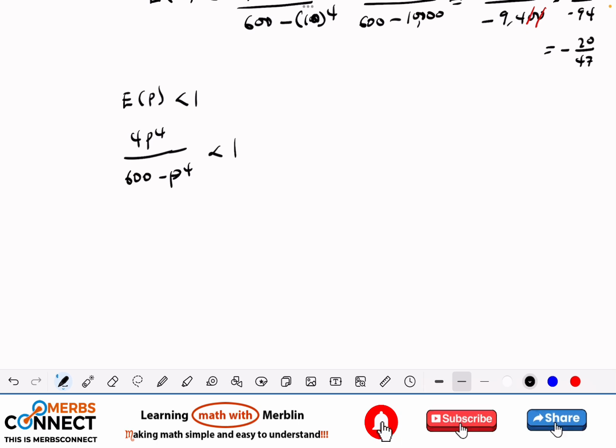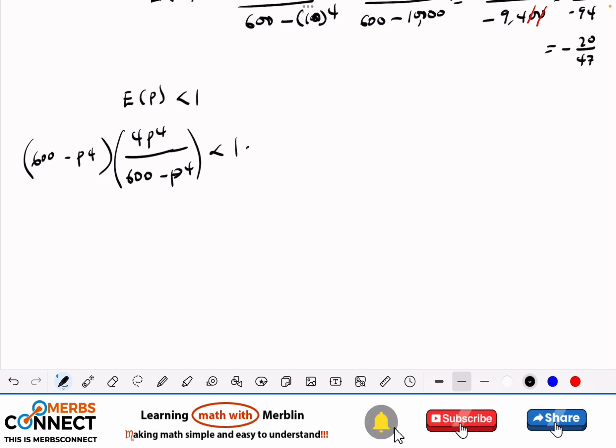So what am I going to do? This is divided by 1, so I can multiply this one by this and multiply this one by this. Or I can also say I'll multiply this one by 600 minus 4P, then multiply the right hand side too by 600 minus 4P. Why did I do that?